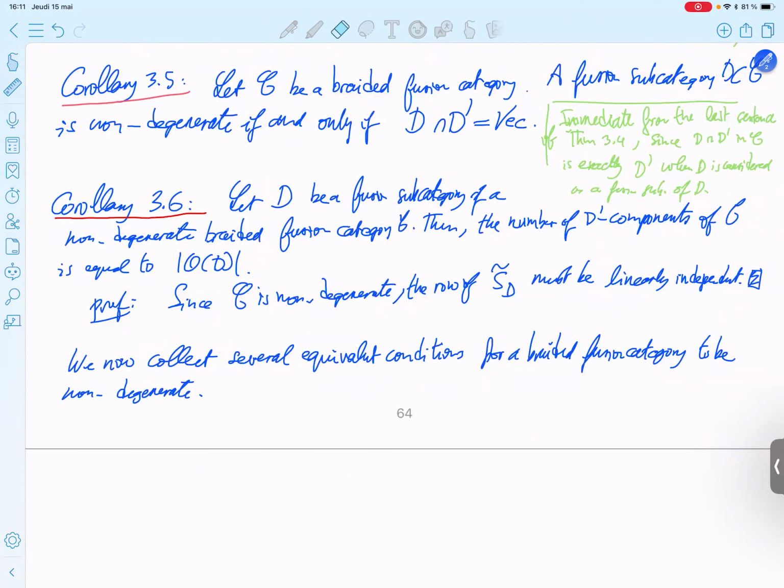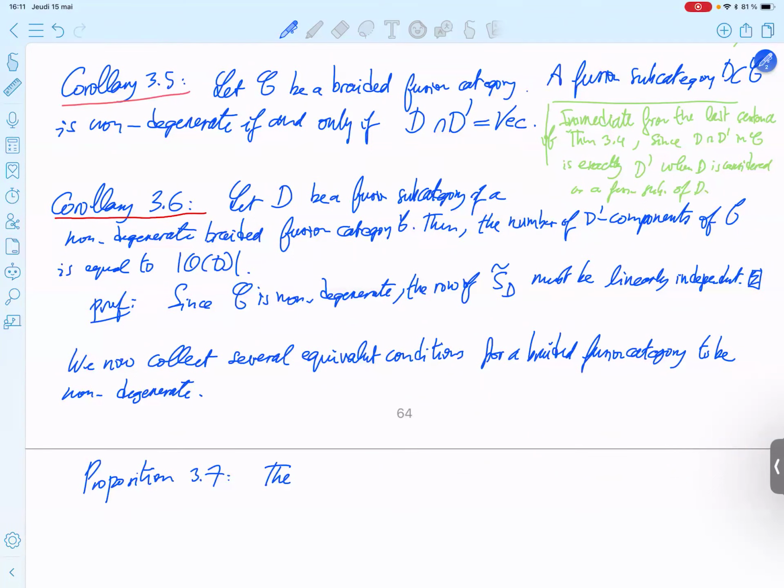Okay, so the equivalent conditions for non-degenerate. Proposition 3.7.